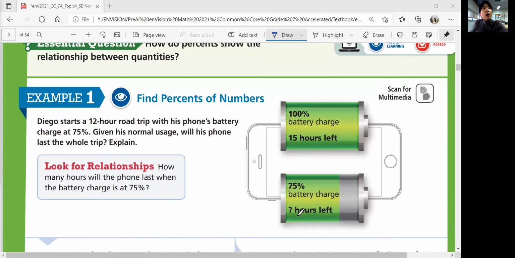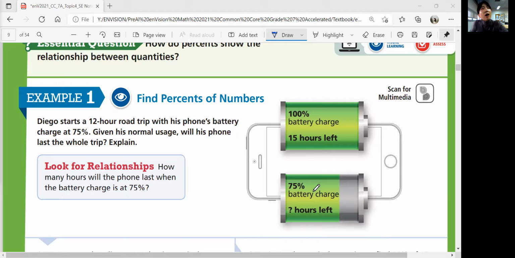Okay, so when the phone is 100% in battery charge, he'd be able to use 15 hours. And at 75%, you don't know how many hours that would be left. But you can think about the proportions to see how many hours would be left when it's 75% charged.